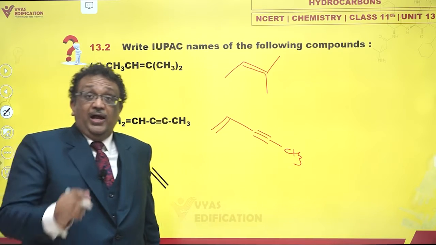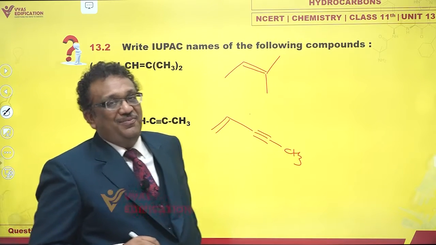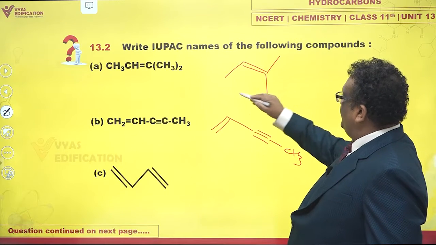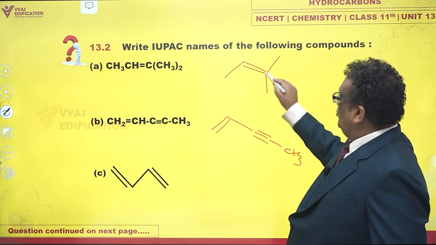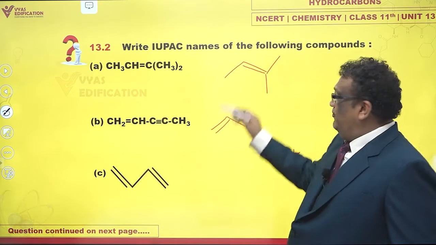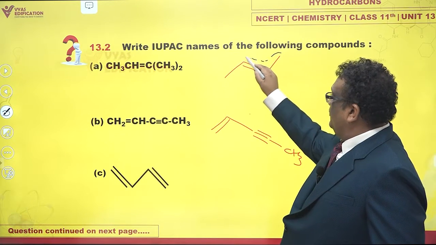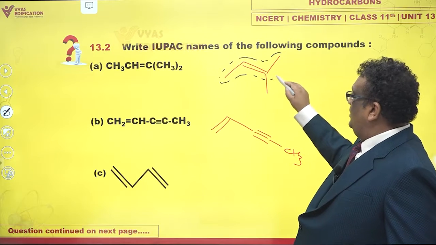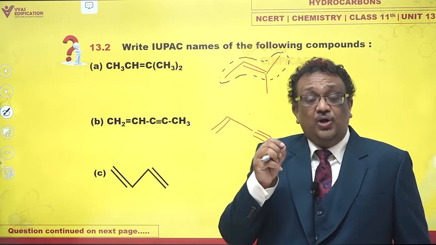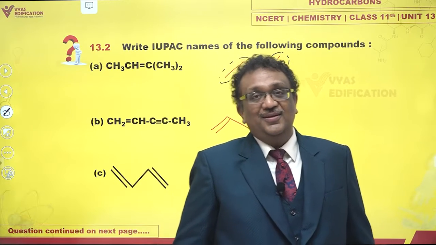Now what do I do? I choose the longest possible carbon chain. Well, that would be 1, 2, 3, 4. Whichever case you take, that chain looks like this only. Now from which end should I begin to count?